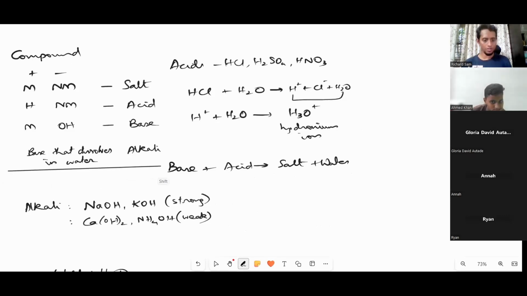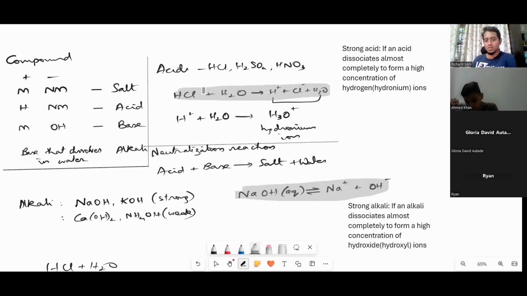Okay, you all write down this much now. First, write down: salt, acid, base, and alkali. What have I highlighted over here? What do we see here? The acid is in water, and the acid is getting dissociated.